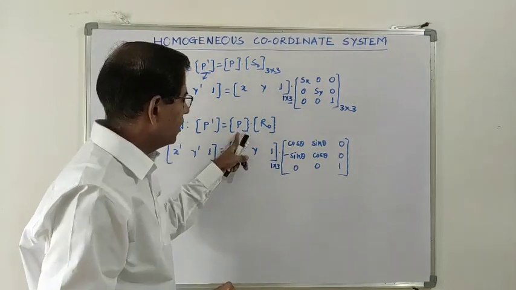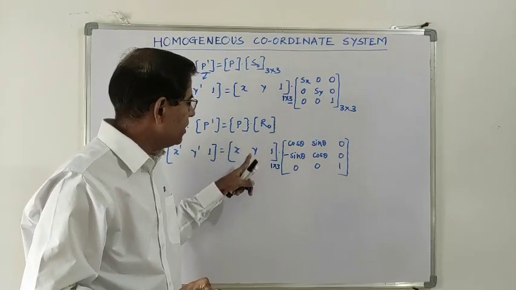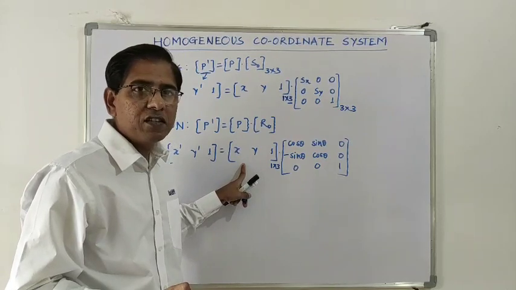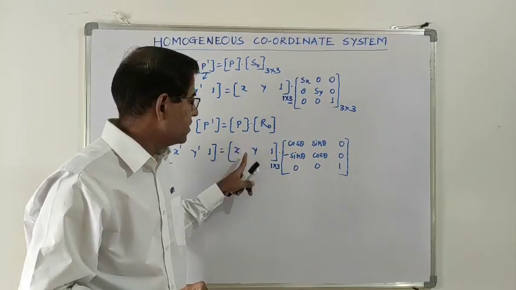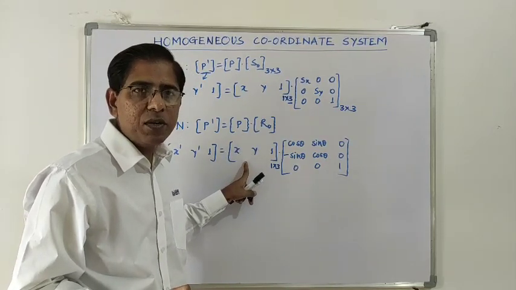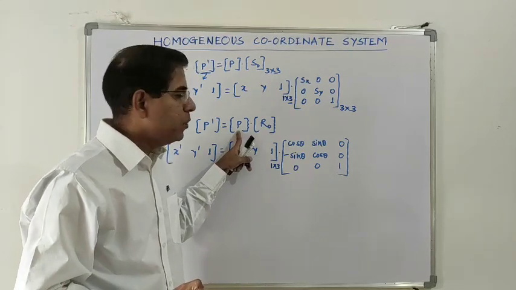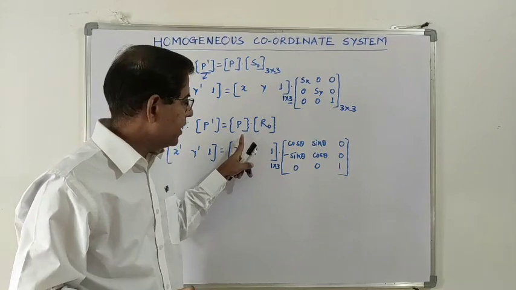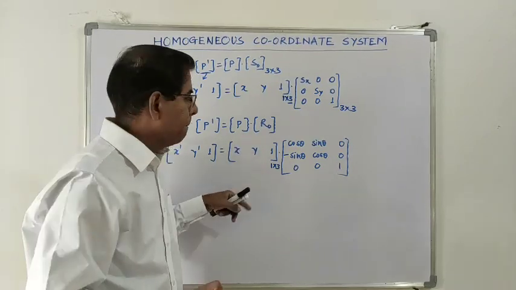Since P is a point, the geometry is a point. If it is a line, then the size of this matrix will be 2 by 3. If it is a triangle, then the size of this P matrix will be 3 by 3. If P is a rectangle, the size of the matrix is 4 by 3. If it is a pentagon, it is 5 by 3.